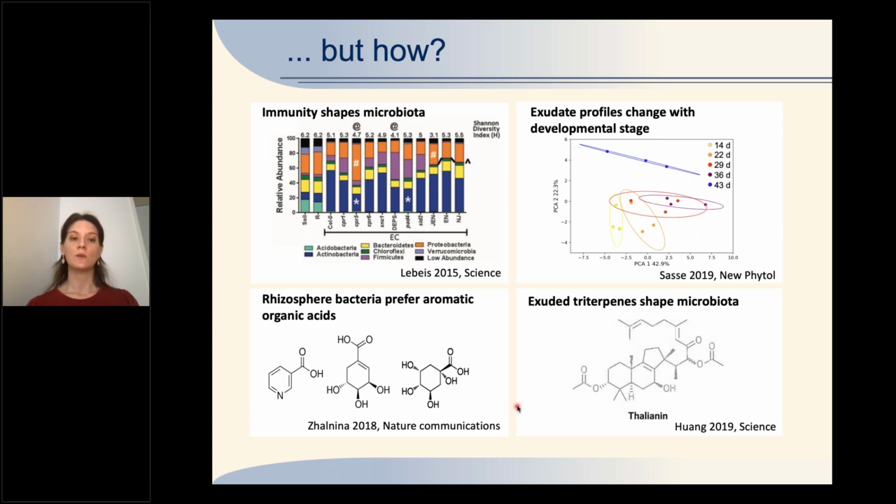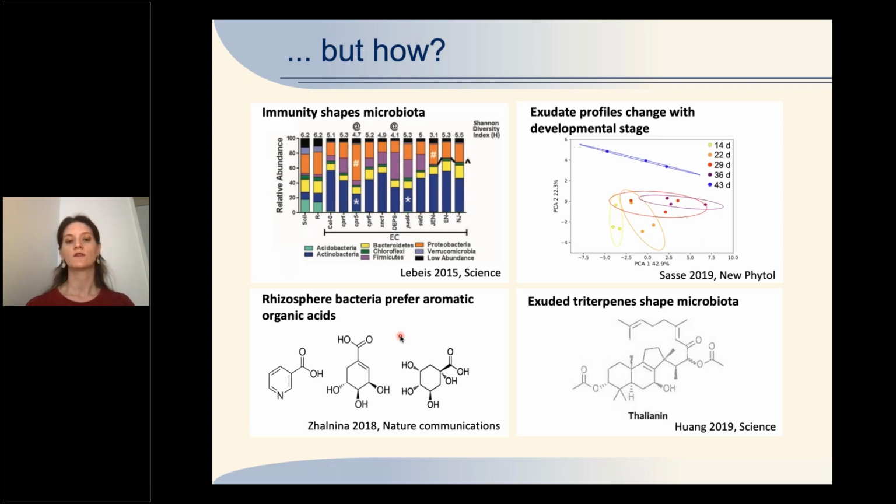Also, specific compounds, for example, aromatic organic acids here or triterpenes in the other case, have been shown to influence the microbial community that is associated with plants. So in the first study, it was shown that comparing microbes that are found in bulk soil versus microbes that are associated with plants, they have different substrate specificities.